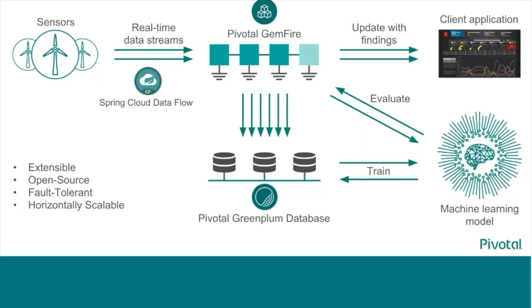It can be processed using Spring Cloud Data Flow that I showed you, and then go to your in-memory data grid, that is GemFire, and then you can do the machine learning evaluations using models evaluated here, and then the transactions are persisted into the Greenplum database. So that's a reference architecture that you can use for IoT.